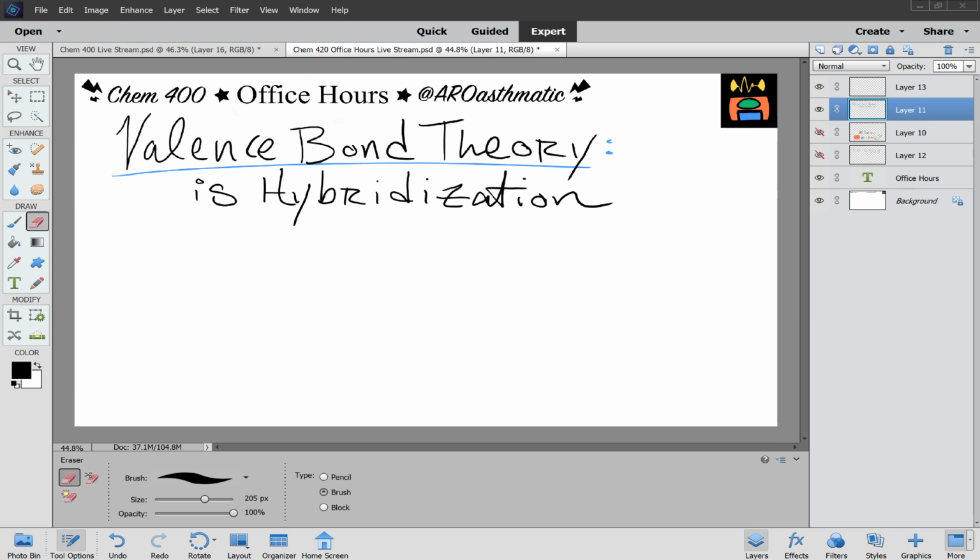Okay, do you want me to try explaining it from a different perspective? What about it in particular do you not understand? Like, do you understand how a sigma bond's made through direct orbital overlap? Does that part make sense?